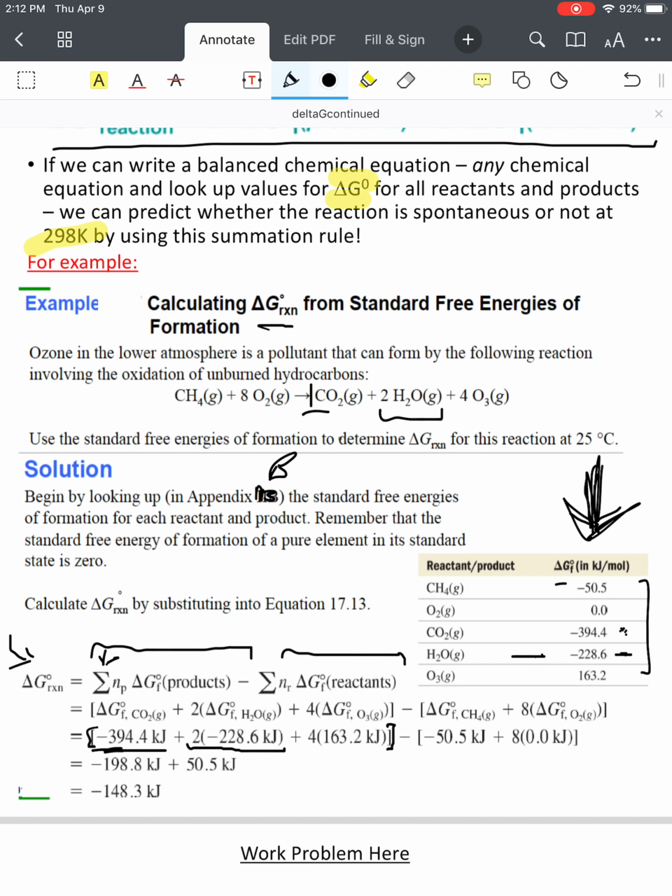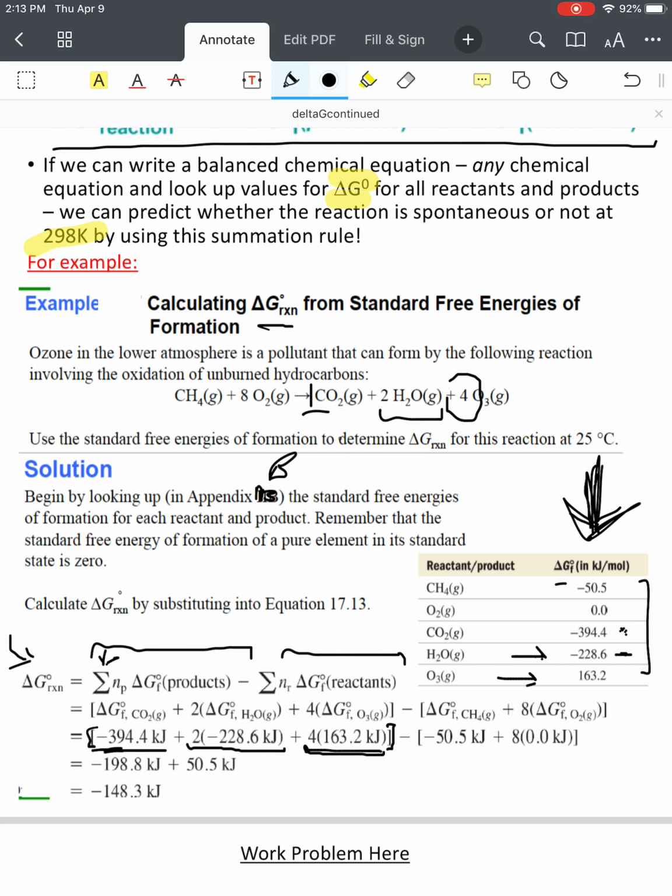So I take that value of negative 228.6 and I multiply it by 2. And I add that into the mix. And this third value, look, it's 4 times 163.2. Well, that's my value for ozone, isn't it? My stoichiometric coefficient's a 4. So 4 times ozone's value is what I add into the mix. Everybody see that? Pretty straightforward, right?